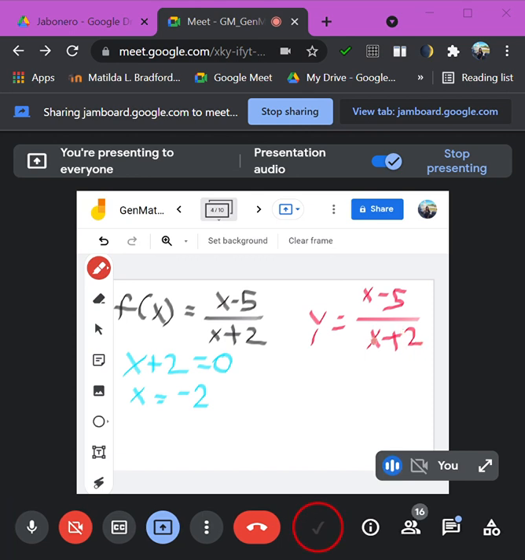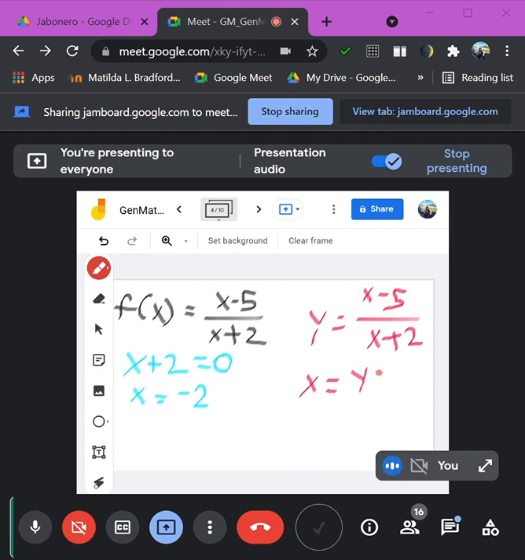And then we exchange them, so it will be x is equal to y minus 5 over y plus 2.